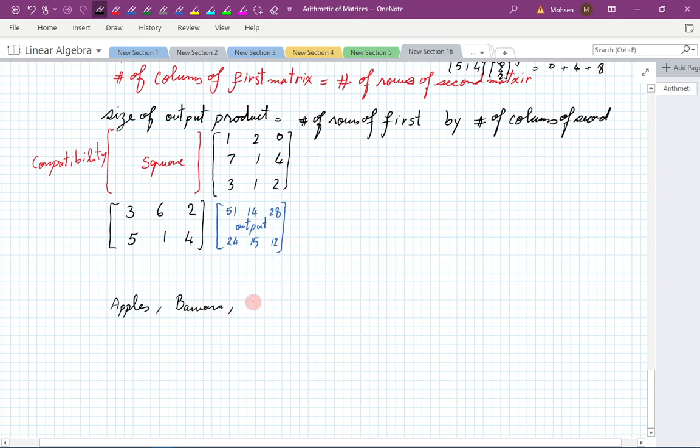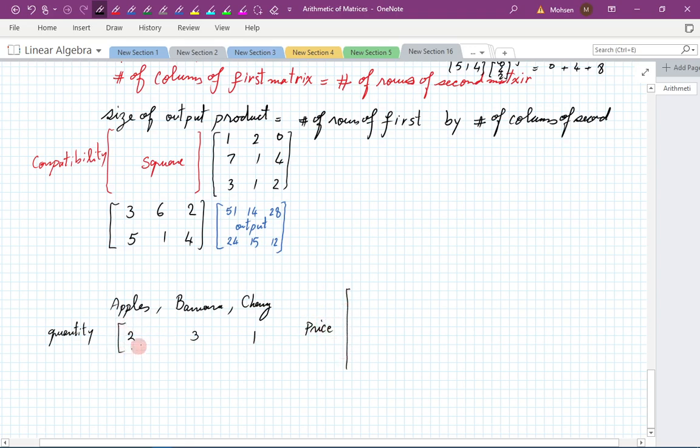I don't know, maybe you're going to buy cherries or something. So you're going to have a quantity. So maybe you want to buy 2 pounds and 3 pounds, and well, this is expensive, so you better stay to just 1 pound.